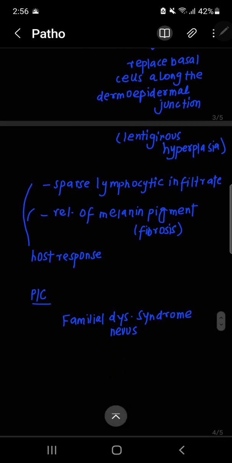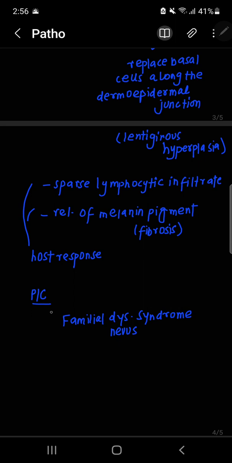Now our body responds to it. The host response is that you'll appreciate a sparse lymphocytic infiltrate, and sometimes, since they're irregular melanocytes, they release melanin pigment, and the body responds to it with fibrosis. As you see in the picture, there are irregular dark staining nuclei and characteristic parallel bands of fibrosis. Fibrosis is a host response to the release of melanin pigment.